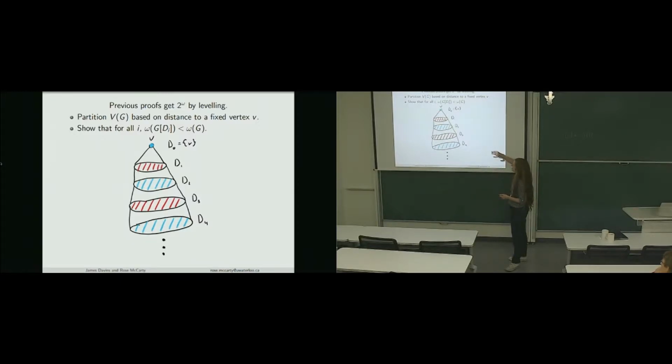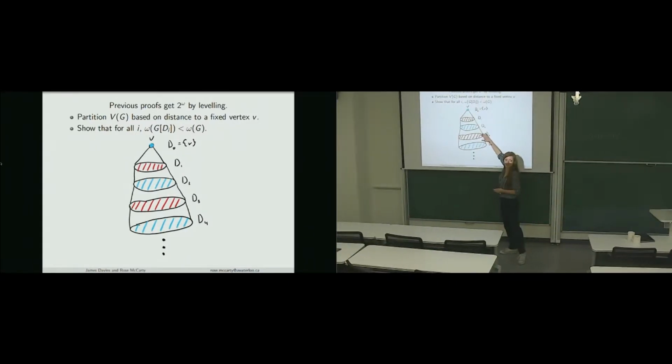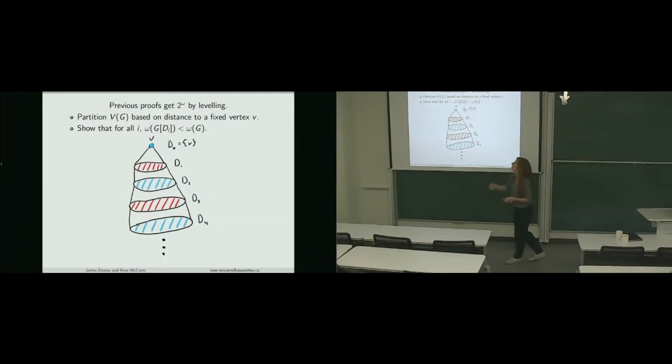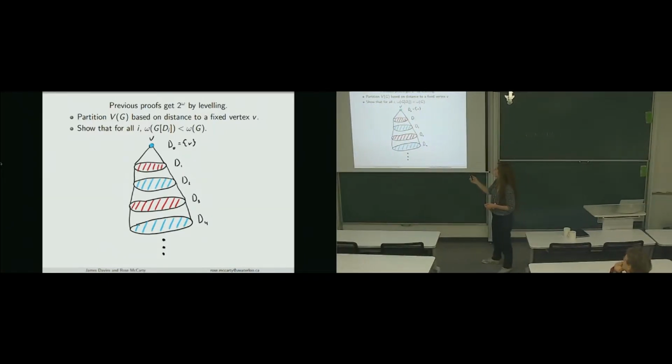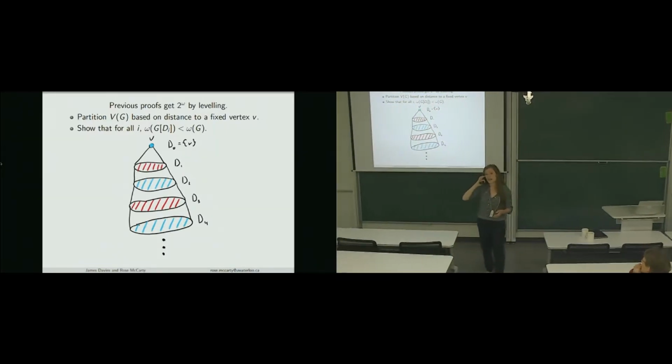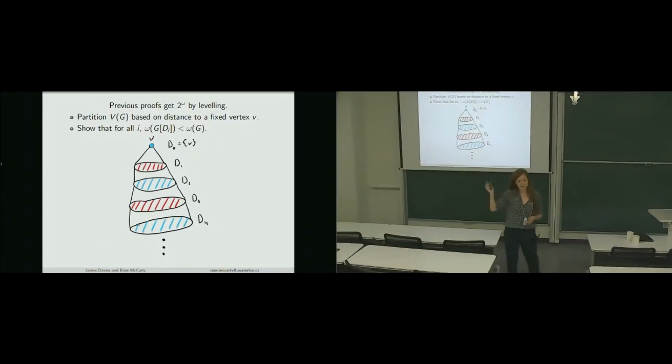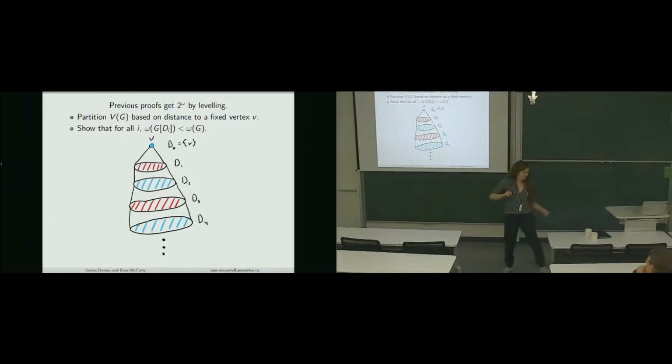And so then the coloring that you look at is you recurse, and you say, since the clique number has gone down by 1, you can color this part a little bit better, and then you double the number of colors you use by using totally different colors for even sets versus odd sets. So there's some set of colors used here and a totally different set of colors used in the blue ones, and so you double each time. The clique number goes down by 1. So you just immediately get the 2 to the omega, and all of the other proof techniques use leveling.